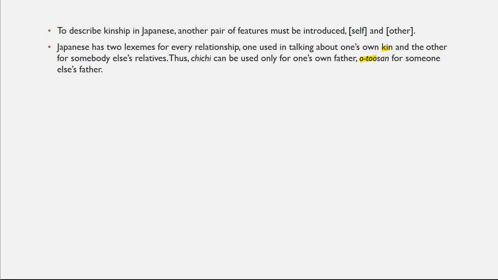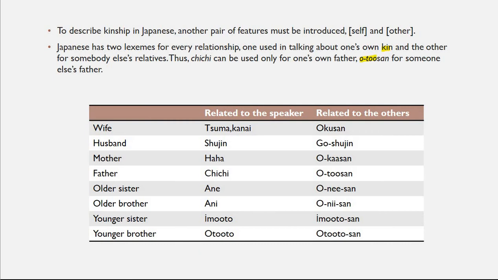So you see that it becomes a totally different word when you are talking about another person's relatives, for the same word actually. Here are some examples. For example, if you are talking about your own wife, it is like tsuma or kanai.